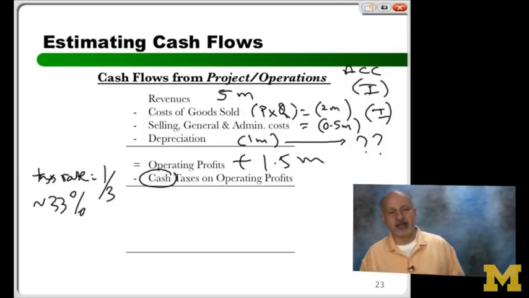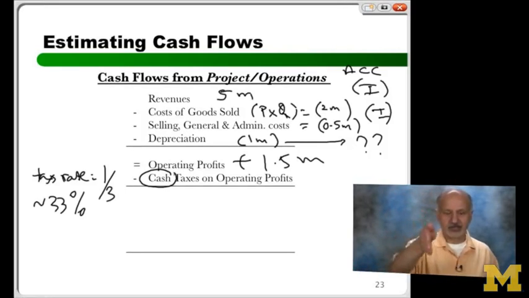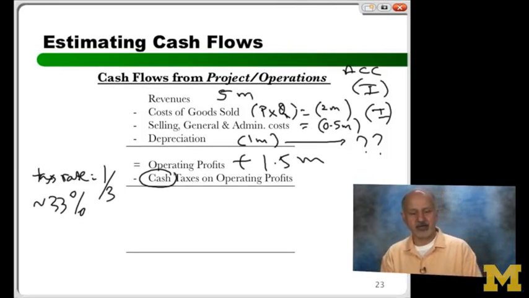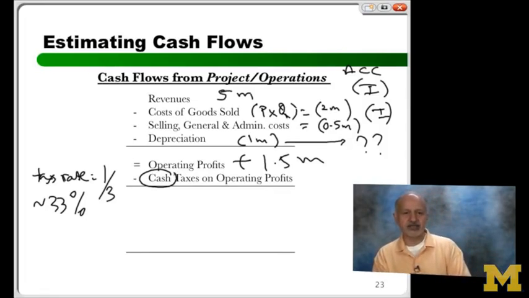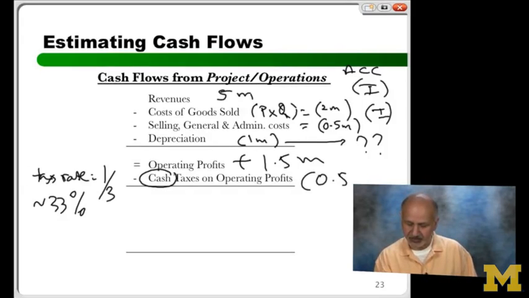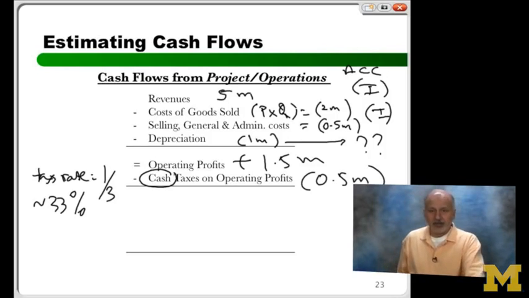But you have to recognize that's another reason why you need to dig down and figure out your accounting systems, because tax rates may or may not be the same. Okay? So now look, if the tax is 1/3, how much tax do I pay? Dividing 1.5 by three, I pay tax of 0.5 million. And it's a negative number. Okay?